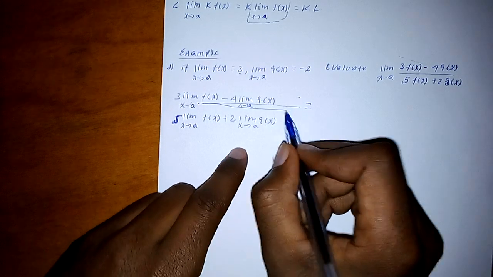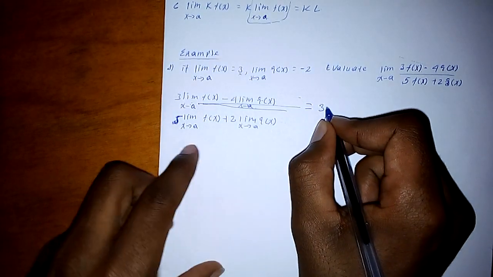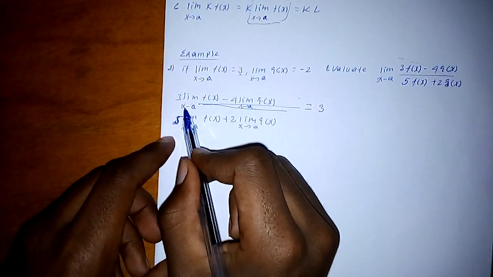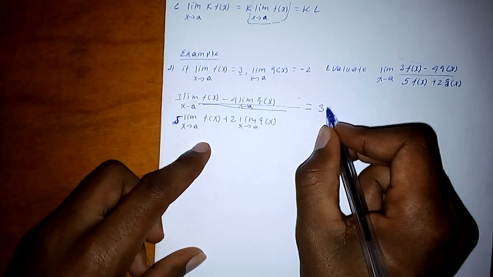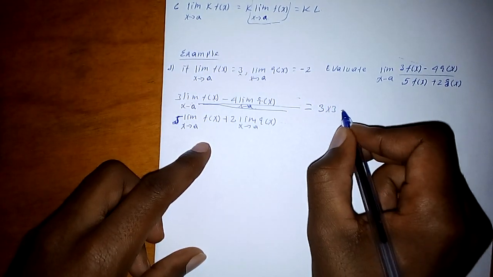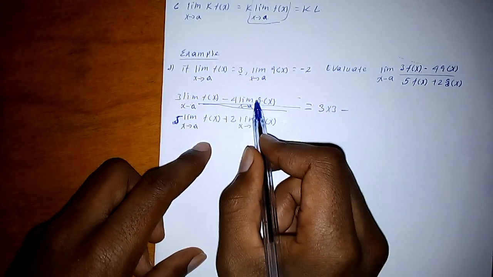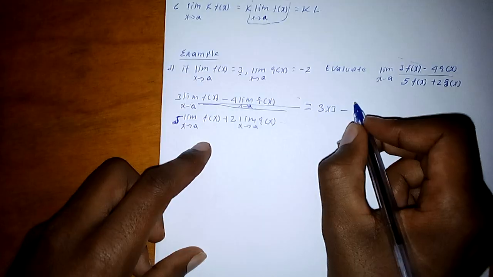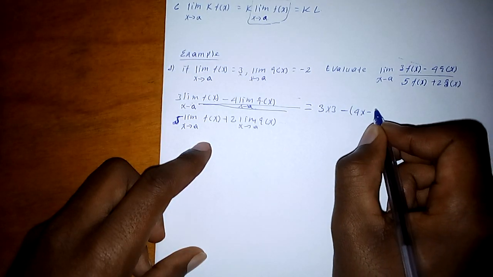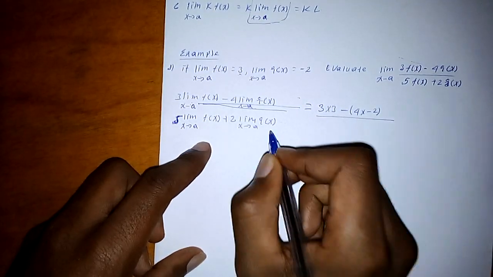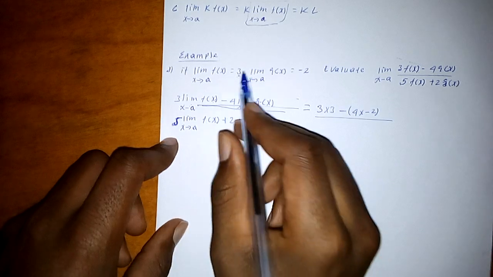So this is equal to 3 times the limit of f of x as x approaches a, which is 3. So 3 times 3, minus 4 times the limit of g of x as x approaches a, which is minus 2, over 5 times the limit of f of x as x approaches a, which is 3.